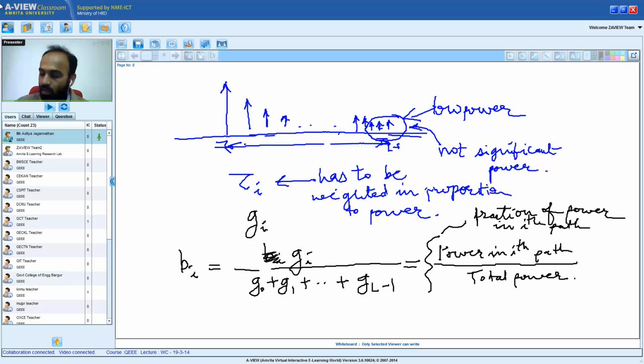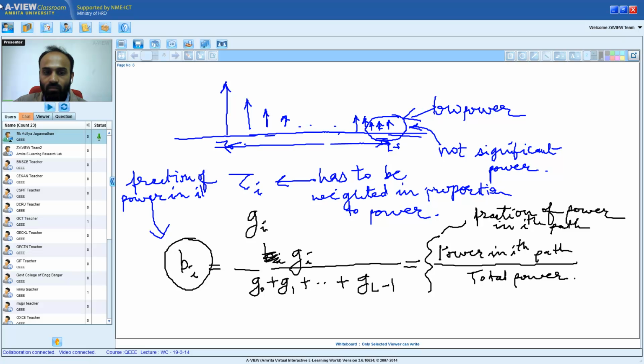Bi is the fraction of power in the ith path.